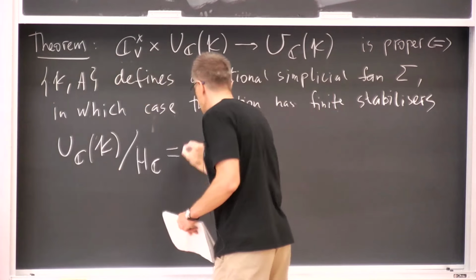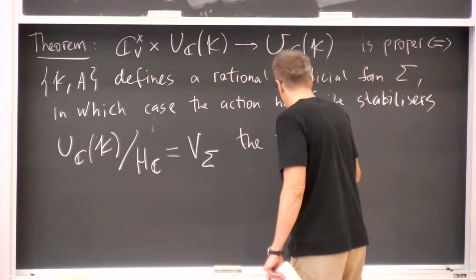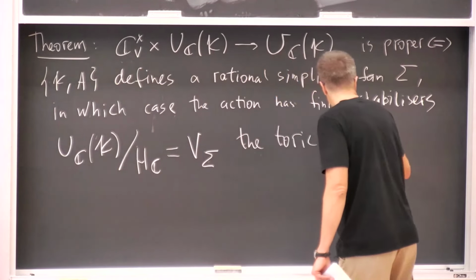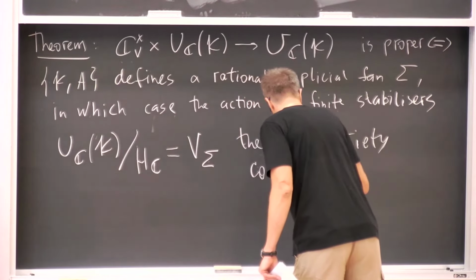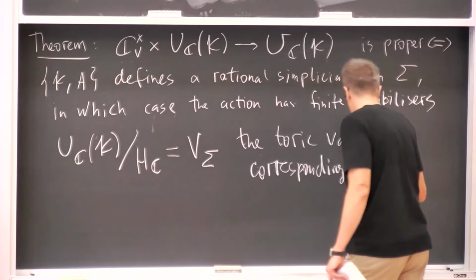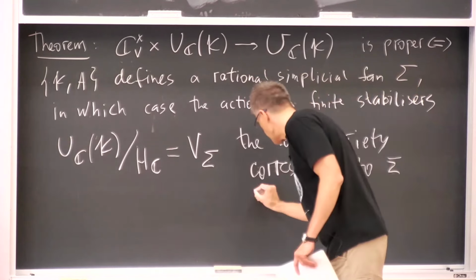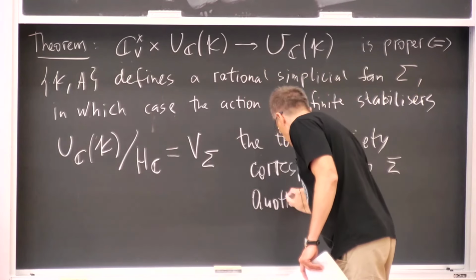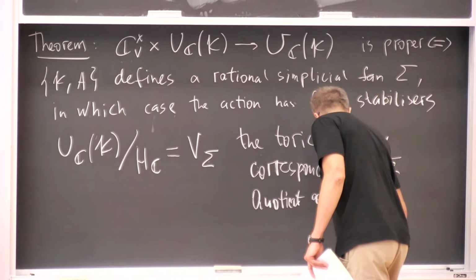So this one is the toric variety corresponding to sigma. This is a quotient construction of toric variety.